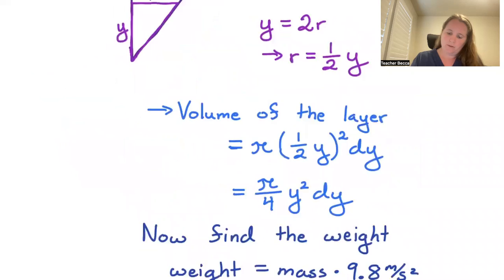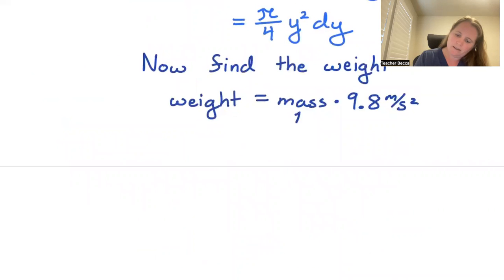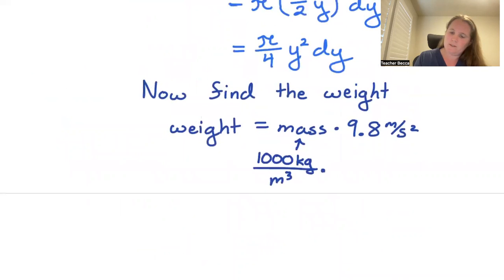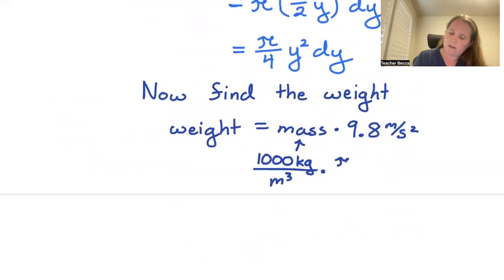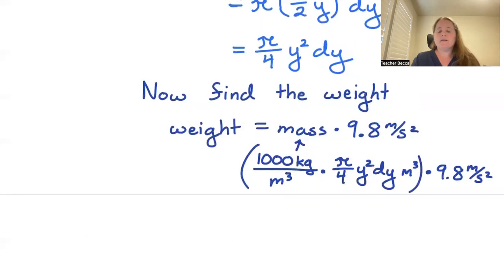So we have mass, 1,000 kilograms per cubic meter times pi over 4 y squared dy cubic meters, and then we multiply it by our 9.8 meters per second squared. Again, I am essentially taking the total volume of our layer multiplied by the density, 1,000 kilograms per cubic meter.